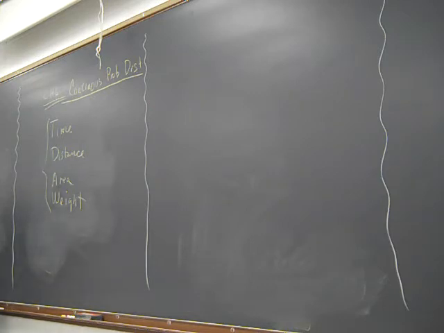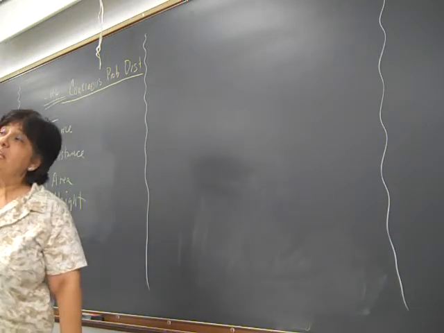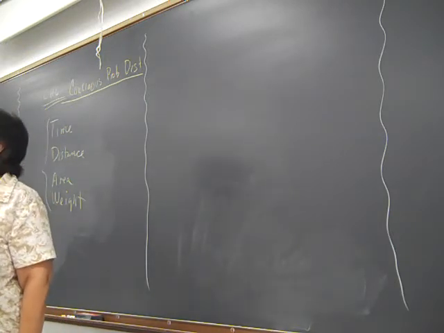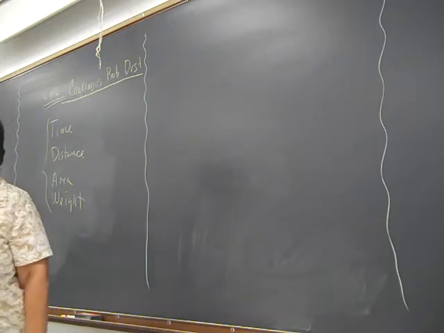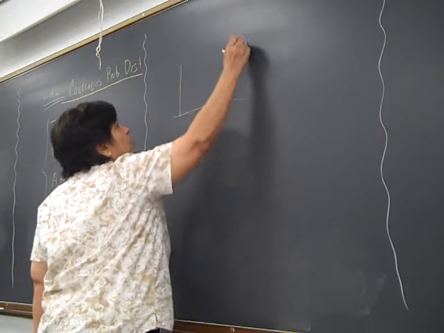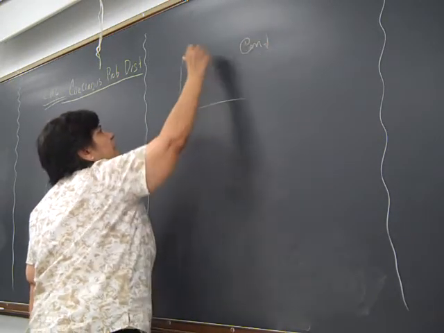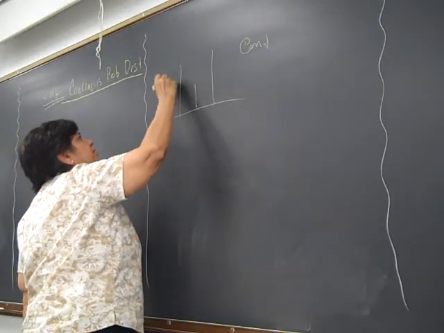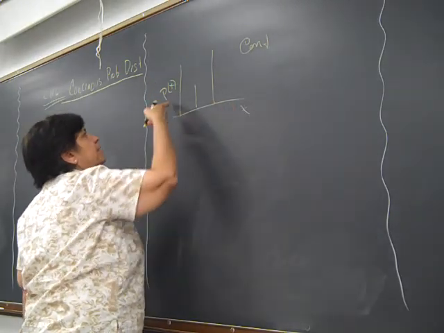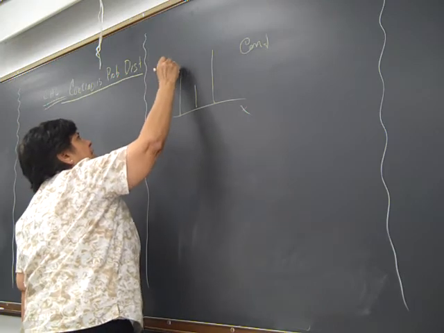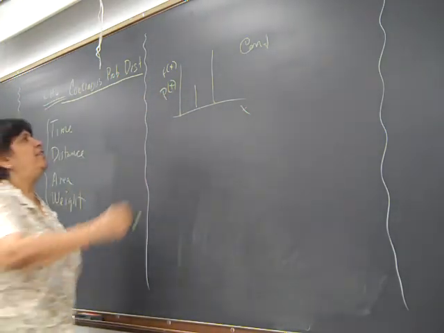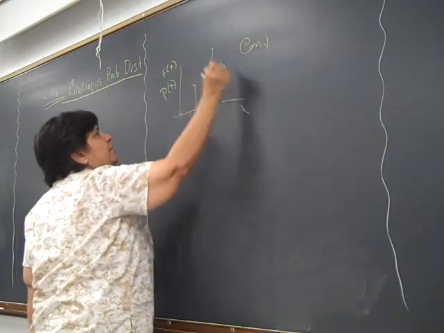Now, in a discrete probability distribution, the height of the distribution were the probabilities, right? This is x, this is probability of x, or a function of the variable x, and these were the probabilities.